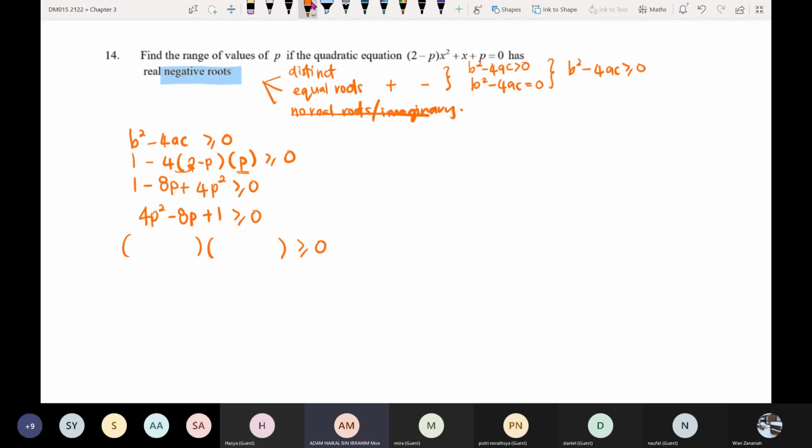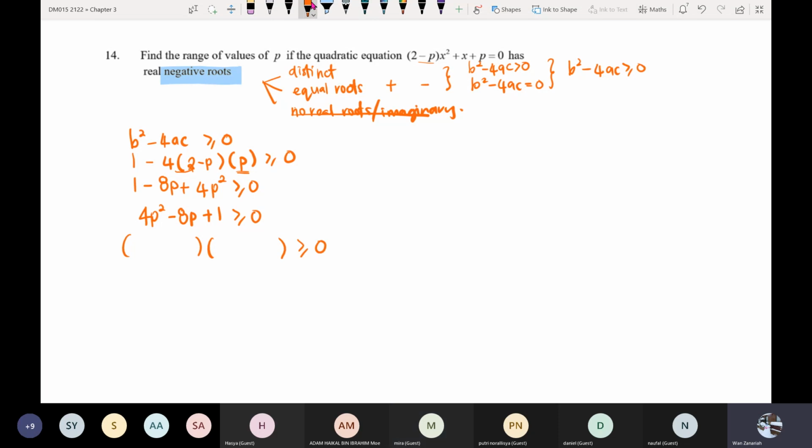Dapat decimal point, madam. Okay, kita check kita punya calculation betul ke tidak. Ini A kita, ini B 1, C adalah P. B square betul, 1 minus 4, 2 minus P betul. Then C P betul. Okay.